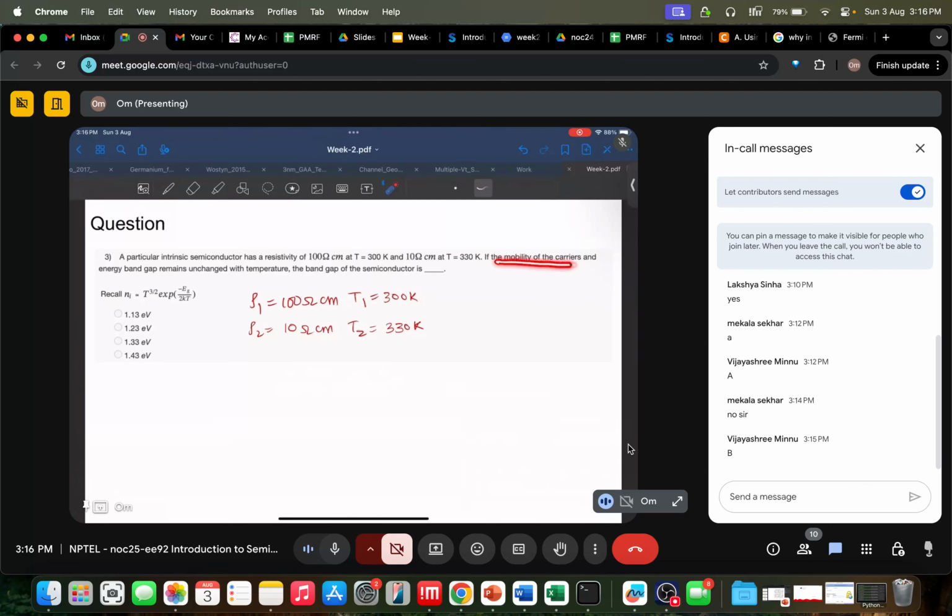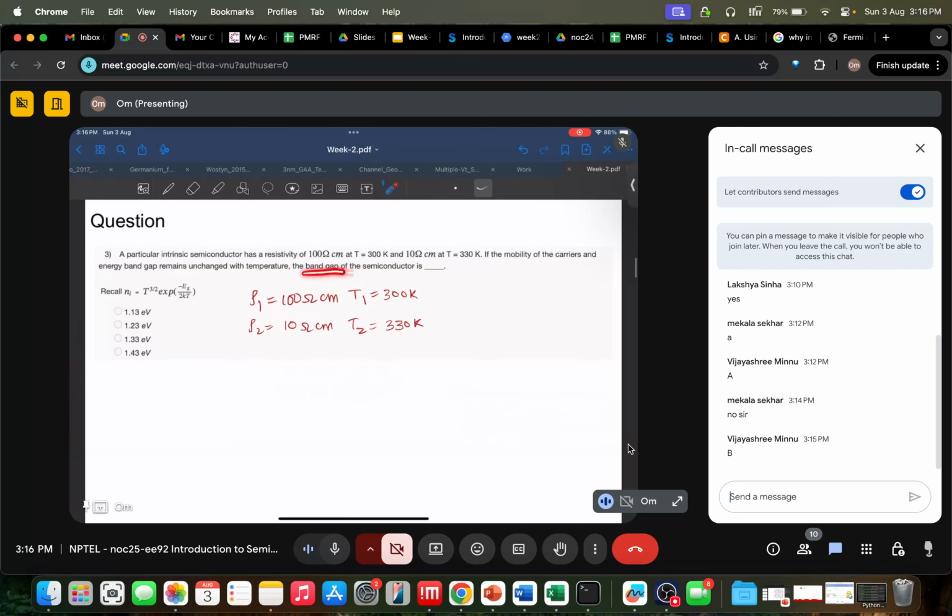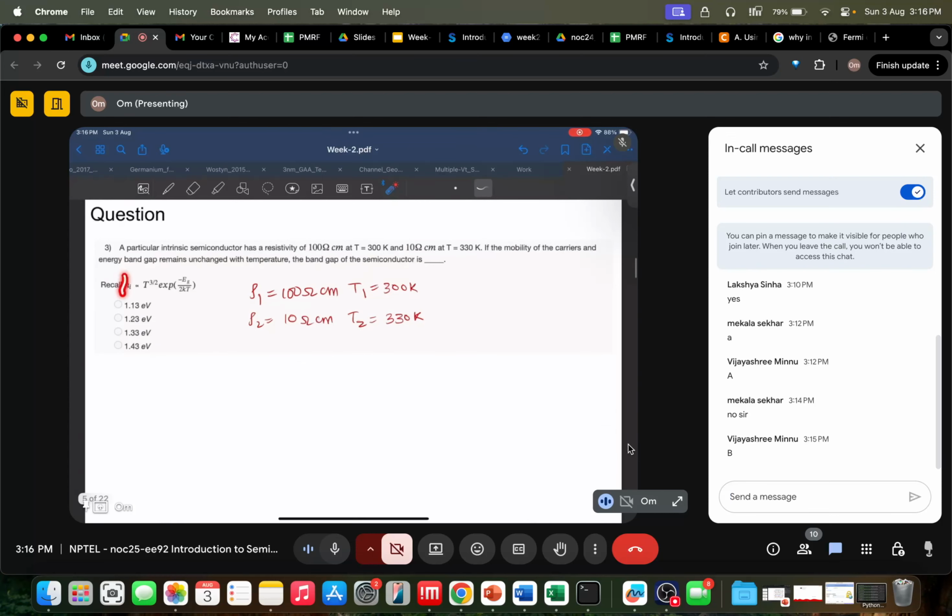If the mobility of the carriers and the energy band gap remain unchanged with temperature, we have to find the band gap of the semiconductor, and a hint is given: ni is proportional to T to the power 3 by 2 exponential minus Eg by 2kT.